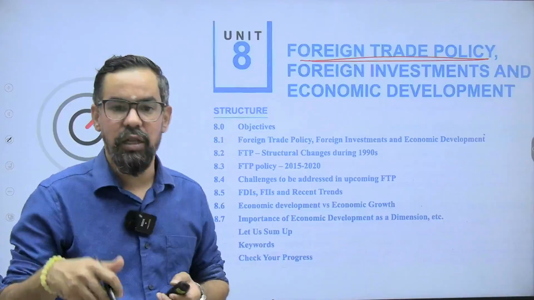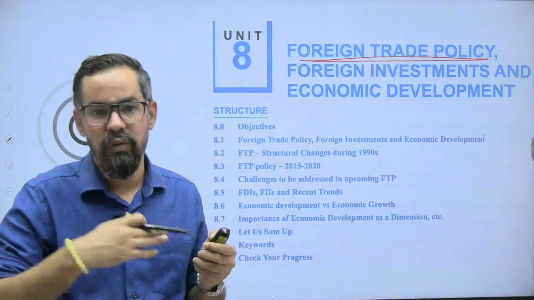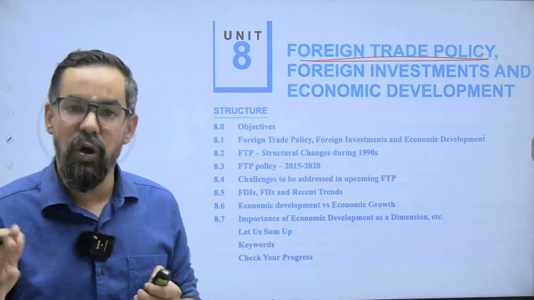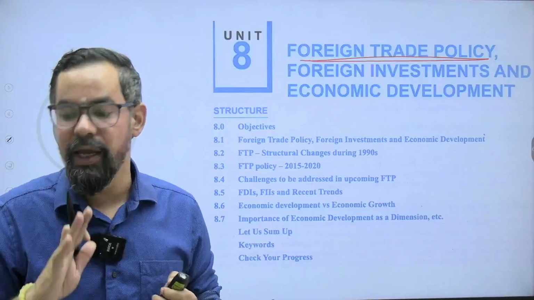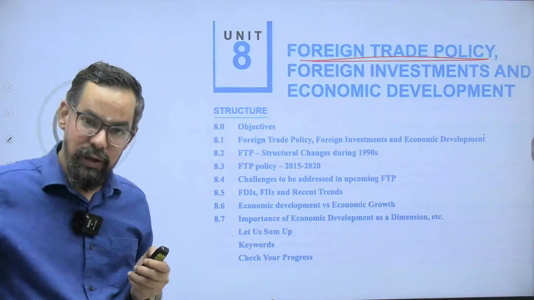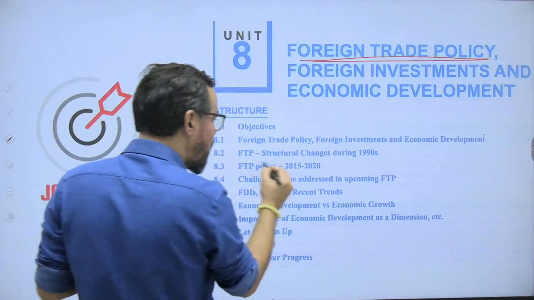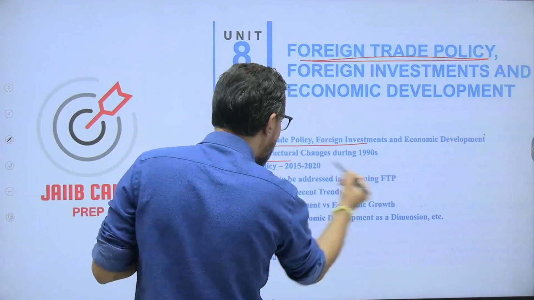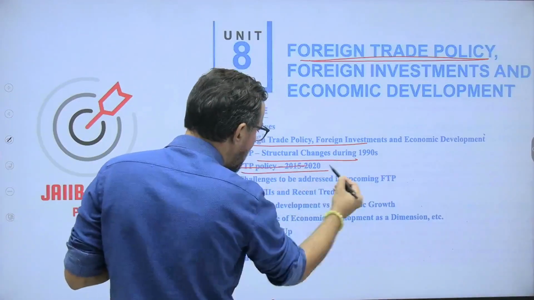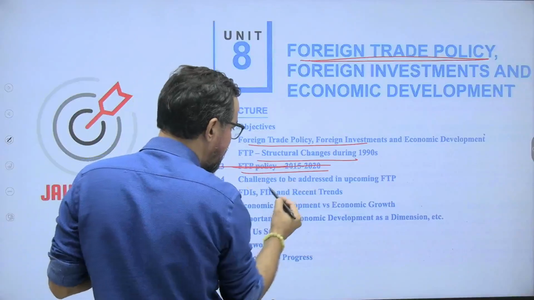So this year there was a question where you had to find out which is a joint venture, which is brownfield FDI and all, and it was for 2 marks. Even in the previous examination there was a question around that. You have to completely ignore the foreign trade policies.